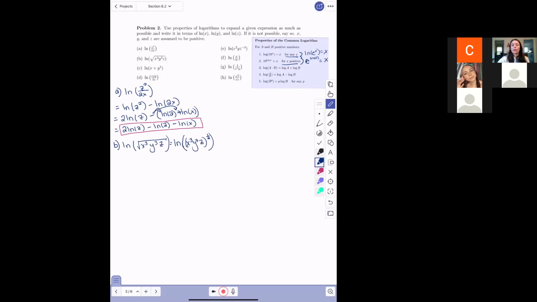And what do you do when you have an exponent raised to an exponent? Multiply. Good, we go ahead and multiply those exponents. So we have natural log of x to the power of 3 over 2, y to the power of 3 over 2, and z to the power of 1/2. Now, from here, which logarithm property can I use to start separating these, start expanding these?